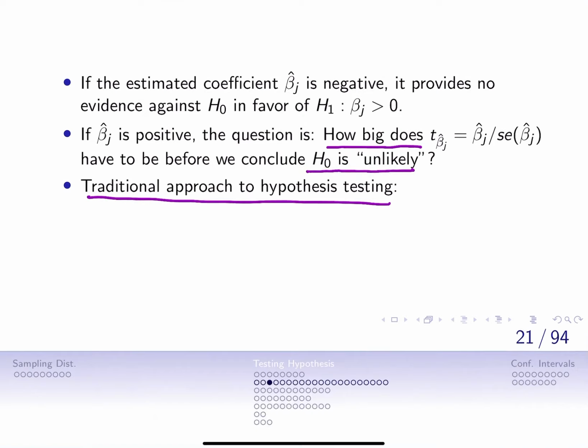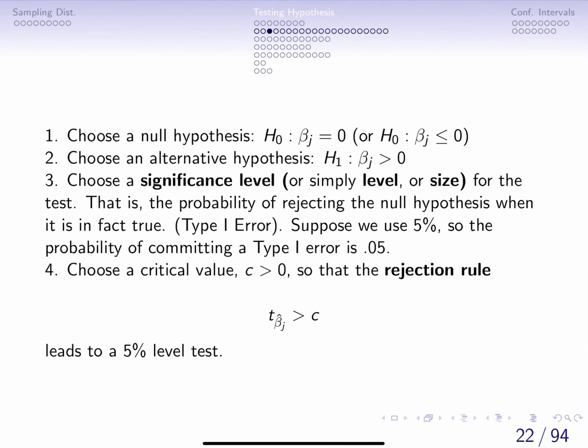So let's think about the various steps for hypothesis testing. The first step is you choose the null hypothesis. You set it up. We can have a null hypothesis which hypothesizes that beta j is equal to 0. We're remaining agnostic to the sign of beta j, whether it's positive or negative.